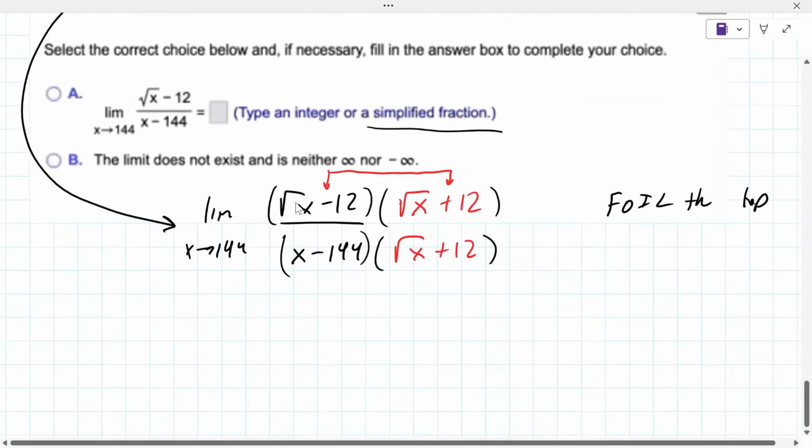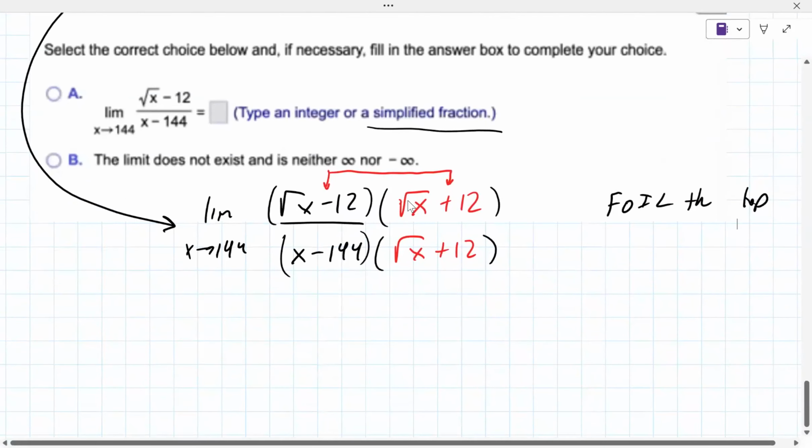So when you FOIL the top, the square root of x times the square root of x becomes x. The rainbow method, if you like that. Square root of x times 12 is 12 square root of x. Minus 12 square root of x becomes minus 12 square root of x. Minus 12 times 12 is minus 144. Notice that the O and the I, in this case, cancel.